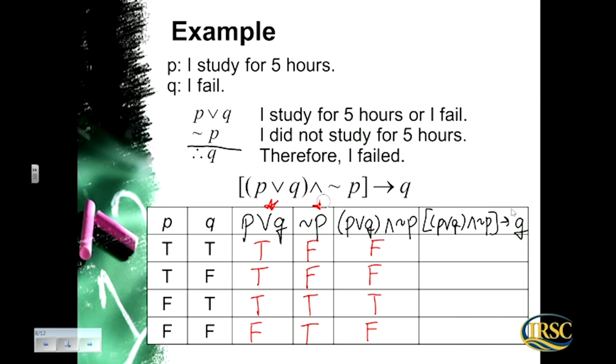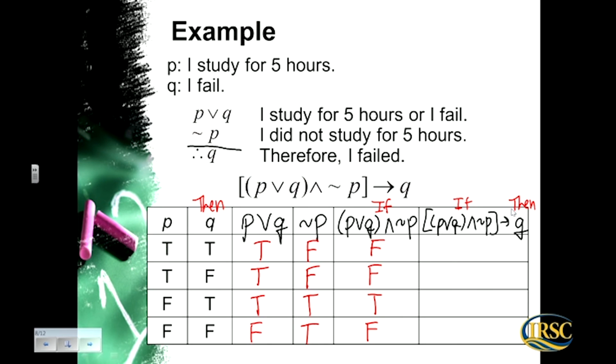And so this is an if-then that we're trying to prove now. Right, so this entire bracket is our if, and the Q is our then. So we're looking at this column for our if, and Q for our then. And an if-then is only false when if true, then false.